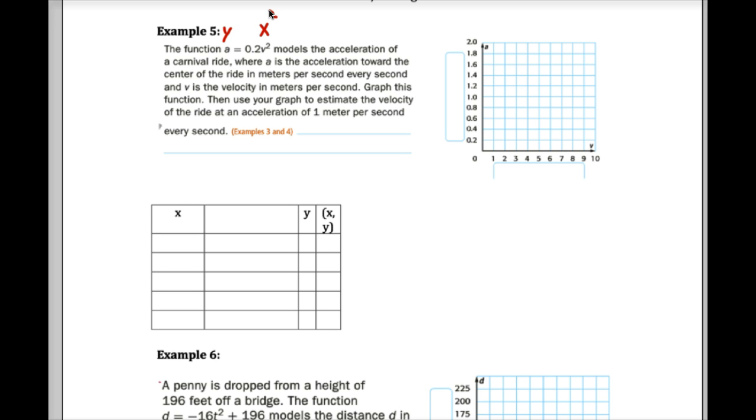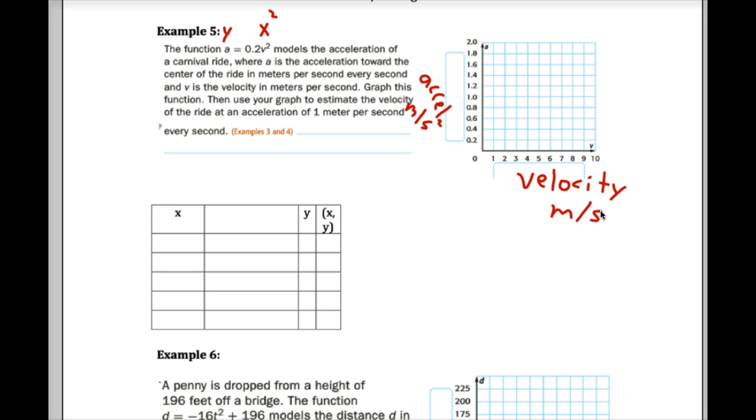All right, we have to label this. Here is our acceleration on the y-axis, and that's in meters per second squared. And then our velocity is our x-axis, and that's in meters per second.